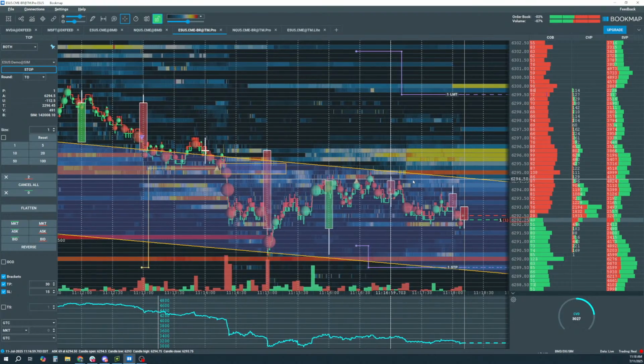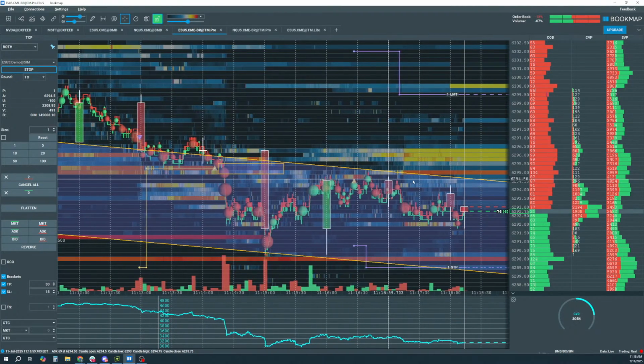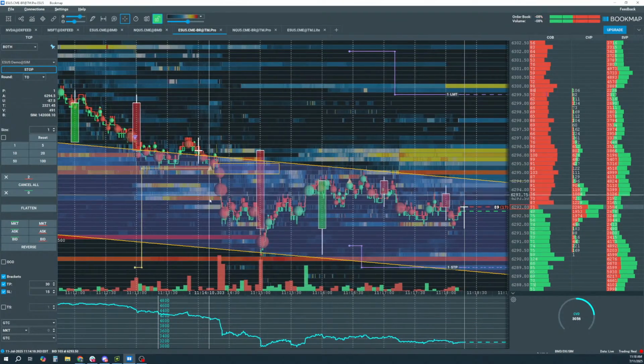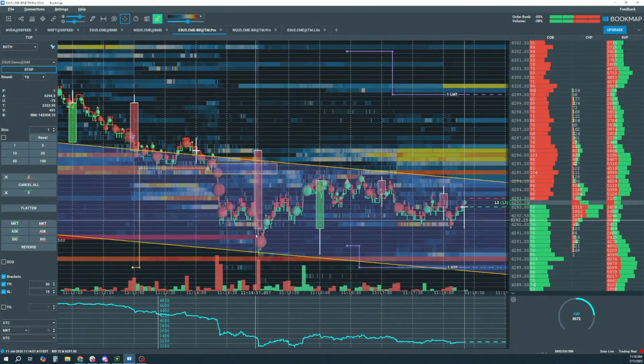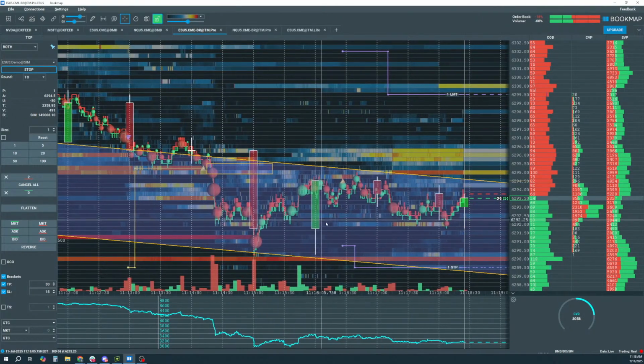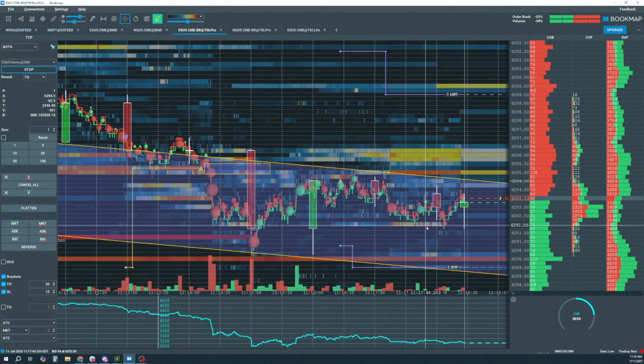Okay, so that 92 traded. So we do have some liquidity, some passive accumulation here on the bid, and we had our flush through and our stop run here. And we just traded into some of this liquidity here at 92.